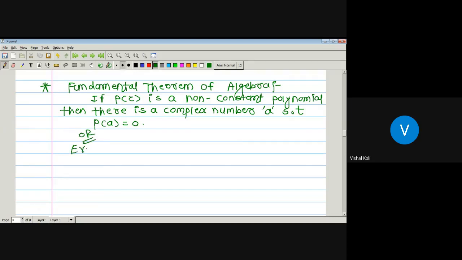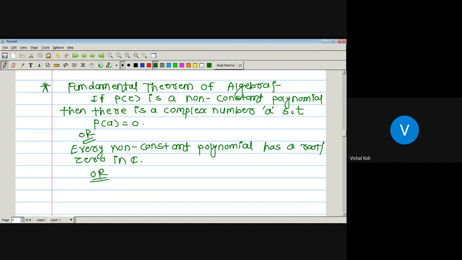Every non-constant polynomial has a root or zero in the complex number system.